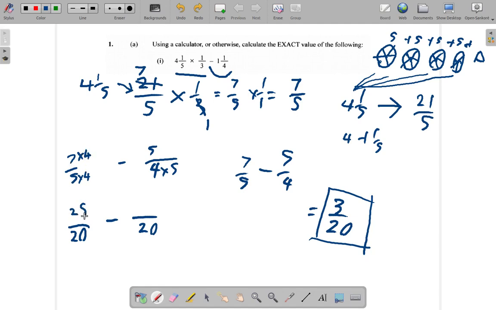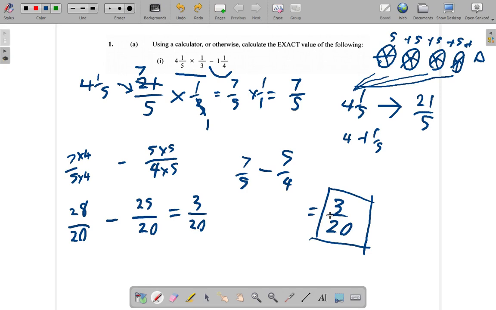So 7 times 4 is 28. If we multiply by 5 under here, we multiply by 5 up here too. So you get 25. So 28 of something minus 25 of that thing leaves you 3 of it. That is 28 twentieths minus 25 twentieths, which will give you 3 twentieths.